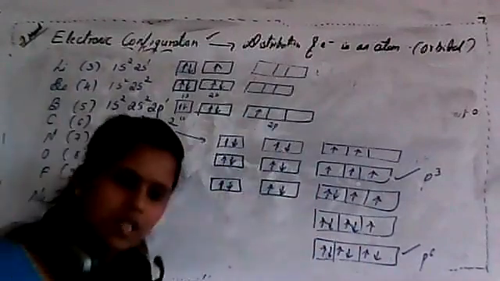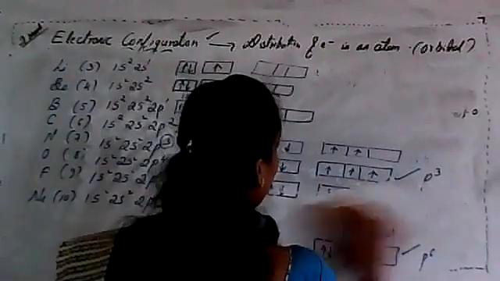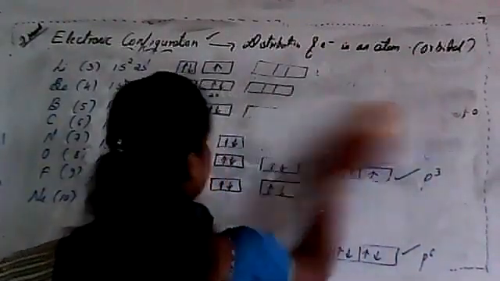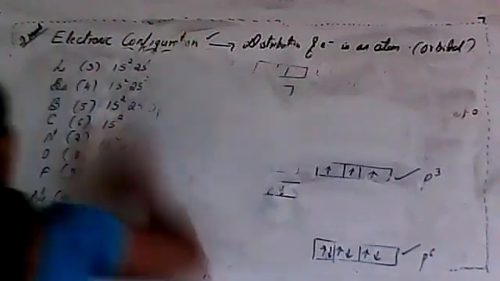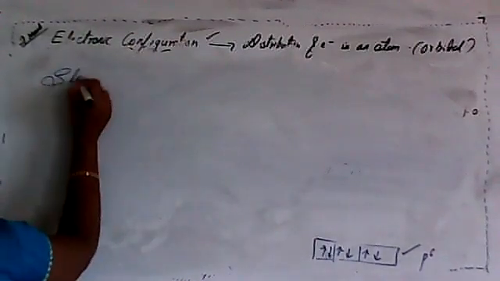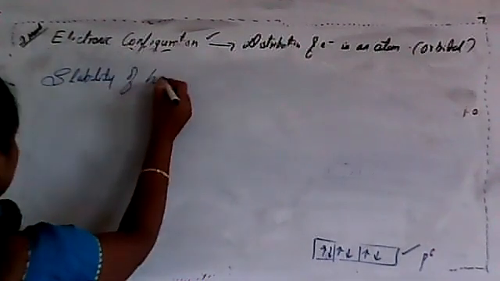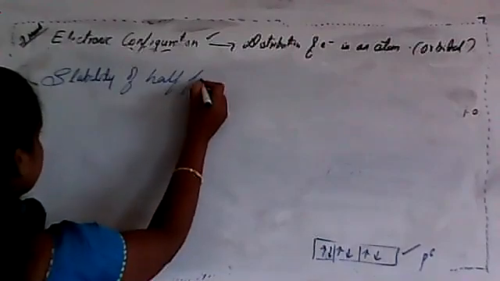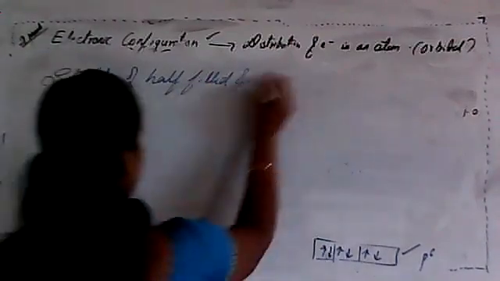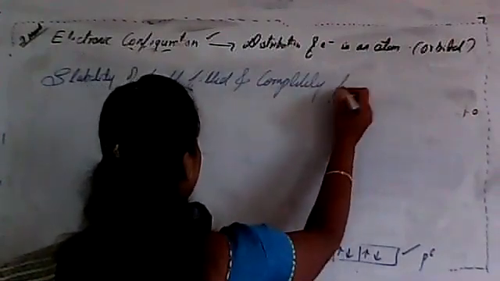Now the question: why are these two highly stable? That means why are half filled and completely filled orbitals stable? So next is about the stability of half filled and completely filled orbitals.